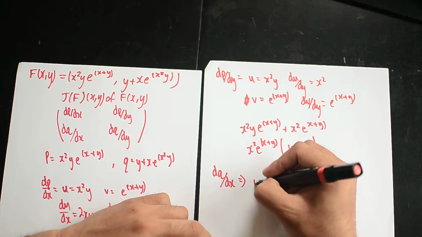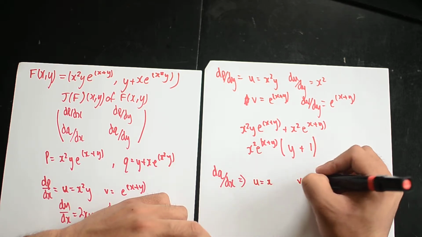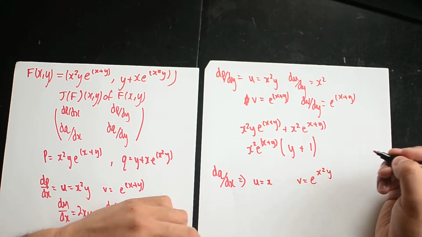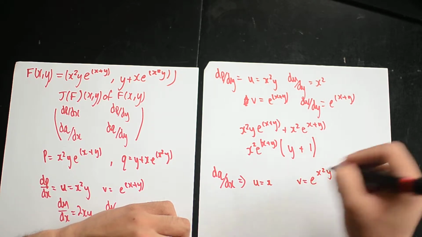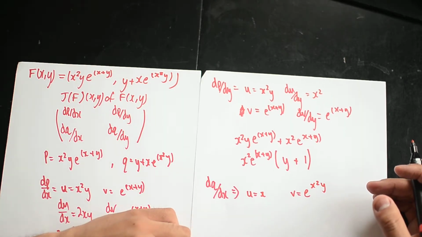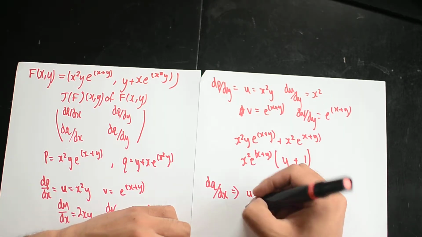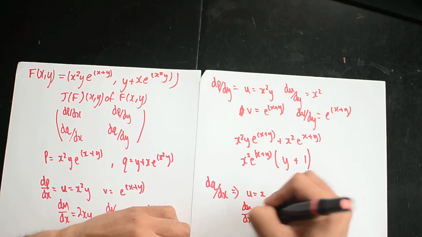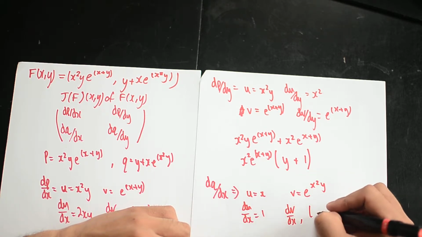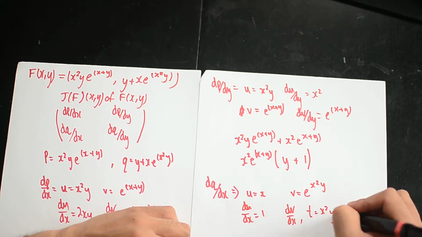So let's let u equal x and v equal e to the power x squared y. I'm going to do this in full in chain rule, just in case you guys are a bit weak at this. So du over dx is 1. For dv over dx, let's let t equal x squared y.